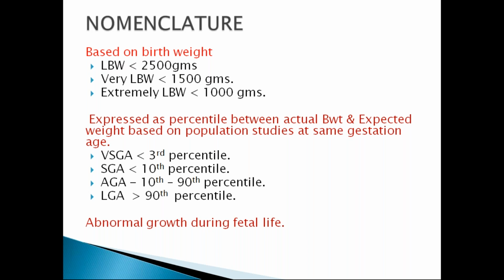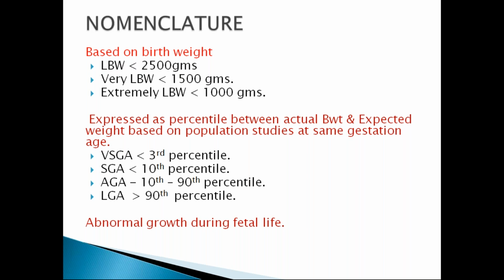Anything less than 2.5 kg is low birth weight, 1.5 kg is very low birth weight, and less than 1 kg is extremely low. Related to fetal survival, if it is severe IUGR, mortality will be very high, 50 to 100%, depending on the baby's weight, and the future of the baby depends on the baby's weight.